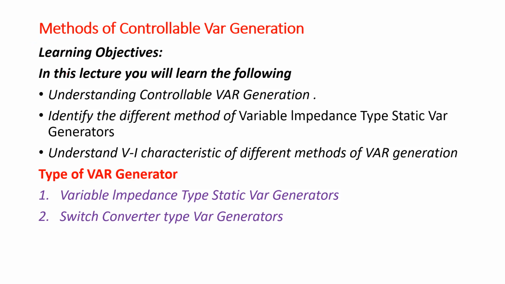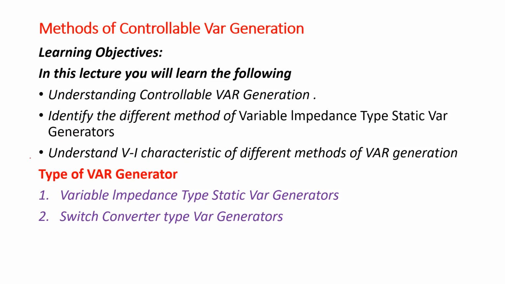Therefore, the learning objectives of today's lecture are understanding controllable VAR generation, identifying the different methods of variable impedance type static VAR generation, which is important, and understanding the VI characteristics of different types of static VAR generators for the different methods.